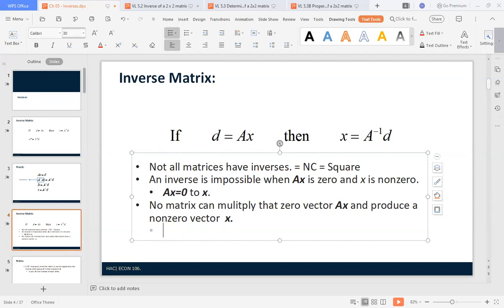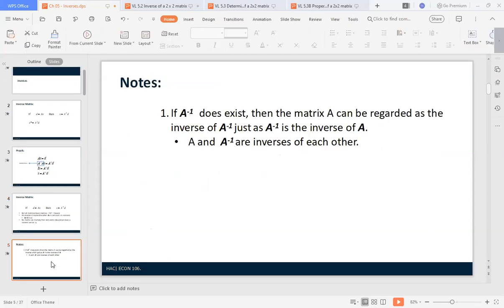Now let's formally outline some of the notes when discussing inverses. So if A inverse does exist, then the matrix A can be regarded as the inverse of A inverse, just as A inverse is the inverse of A. Plainly, in short, class, it's just telling you that matrix A and A inverse are inverses of each other.